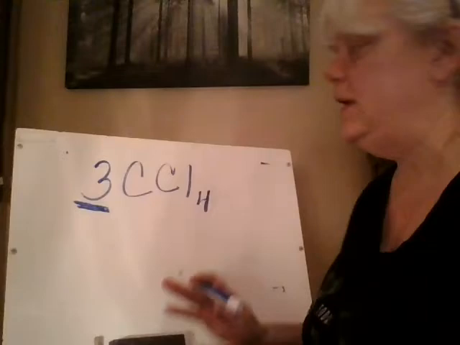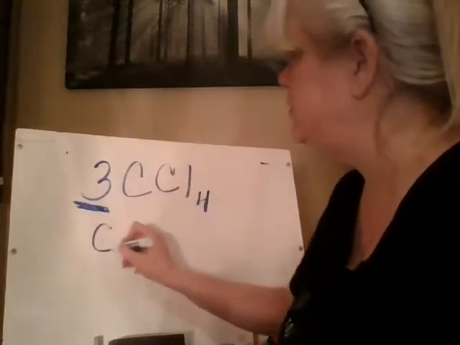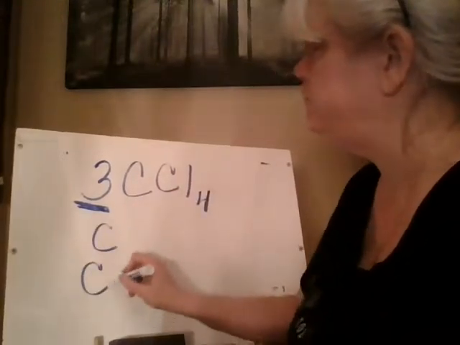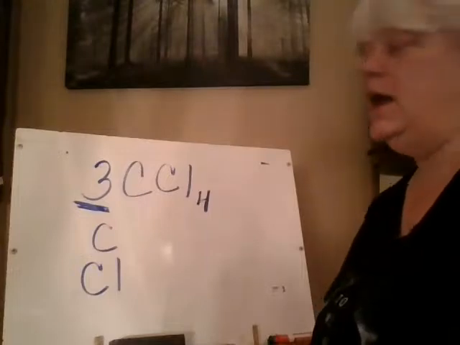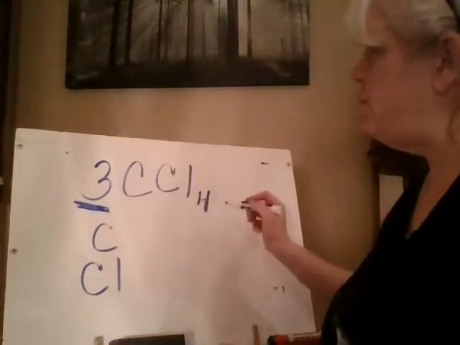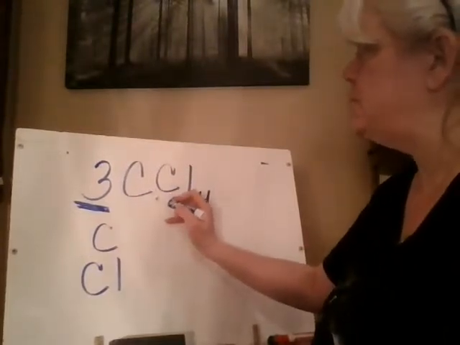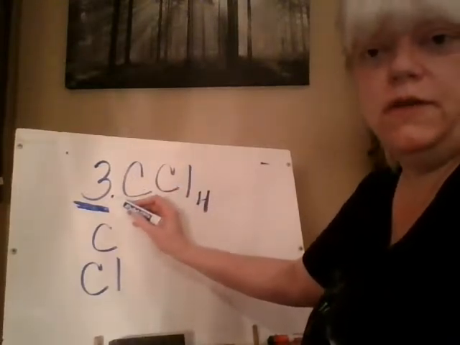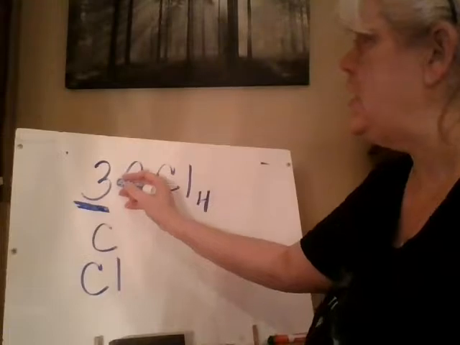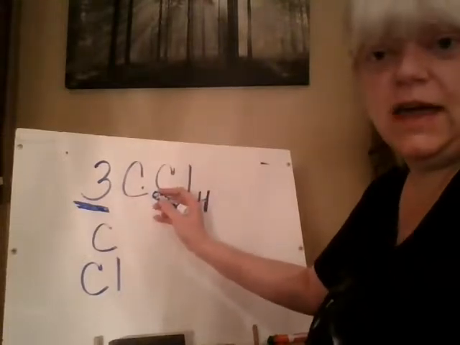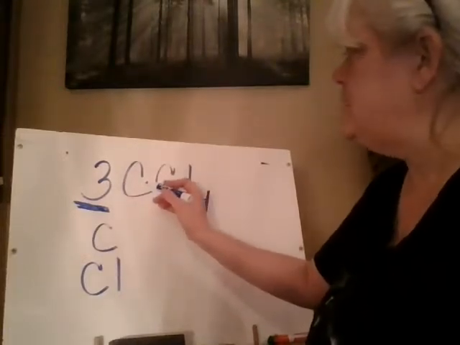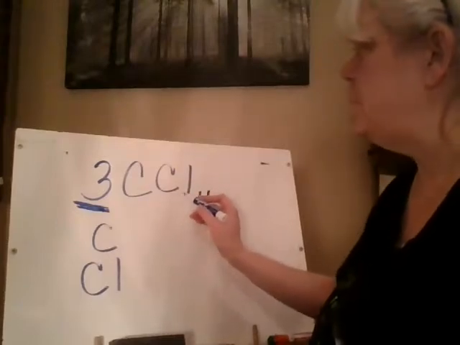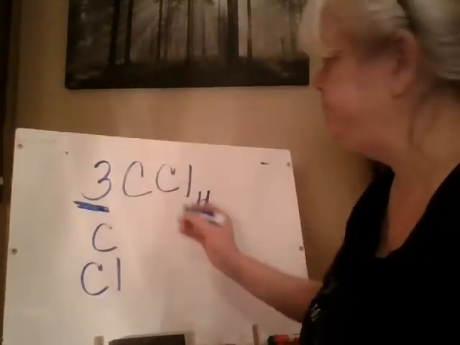Then we're going to count them again. Now again, we have carbon and we have chlorine. Now in just the CCl4, we saw that with no subscript, we had 1 C. But when there's a coefficient in front of it, that means we have 3 of whatever the C has. So with 1 C in this formula, we're going to triple it.